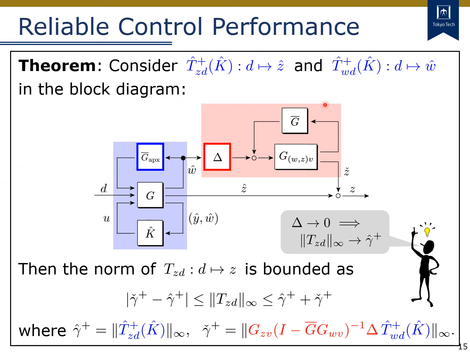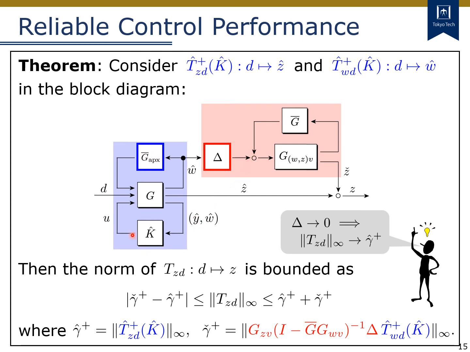This is the resultant block diagram of the entire map from the disturbance input D to the evaluation output Z. This is actually similar to the block diagram of the original retrofit control, but these two blocks shown in blue and red are actually different.